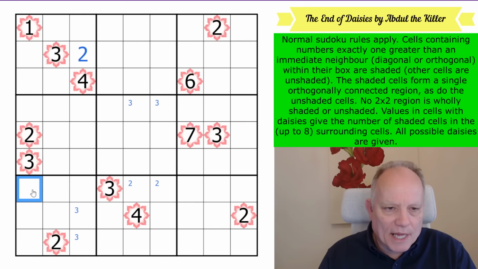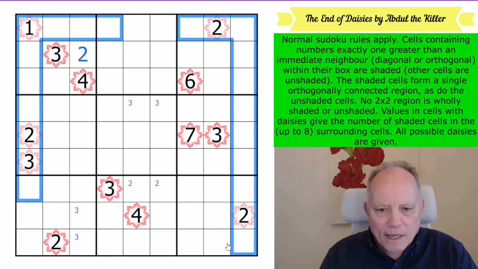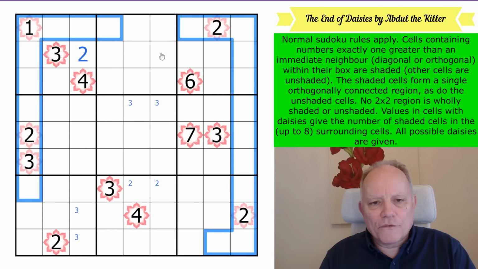Now, why is that? And I'll just try and demonstrate. If you shaded that lot, and then you tried to have a second run of shading like that in the perimeter, then as soon as you joined those two up, not via the perimeter, and you have to join them up because the shadeds are all joined, then you have broken off 2 unshaded sets from each other.